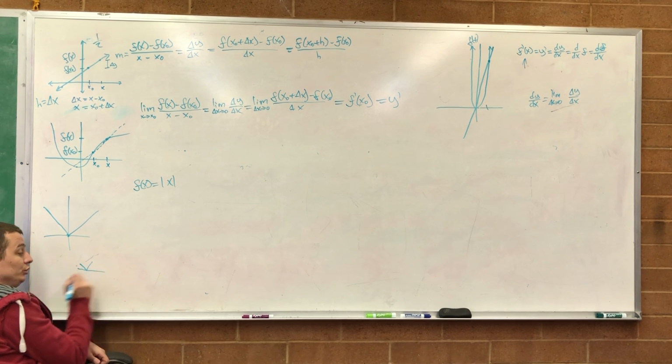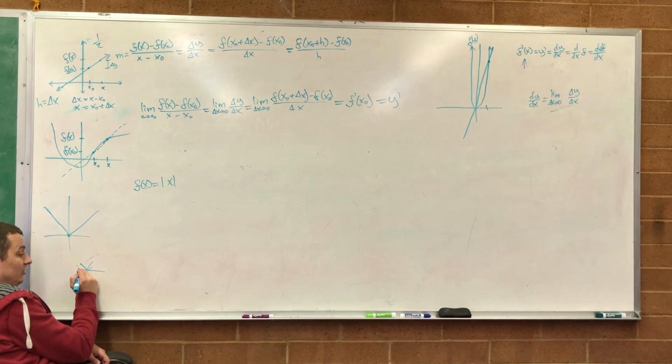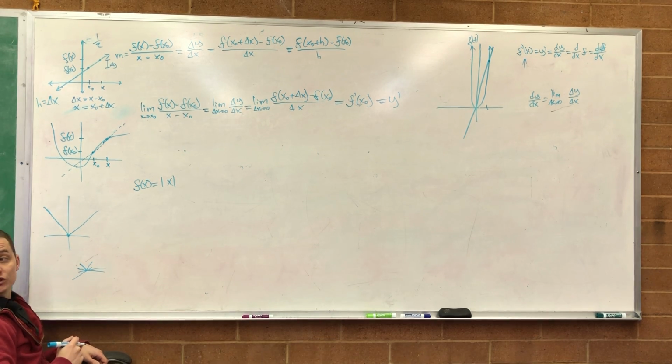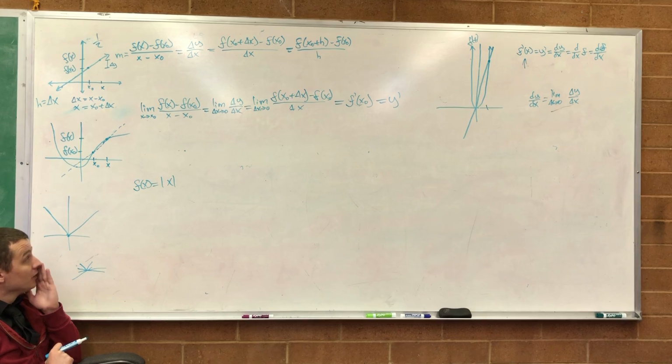Here's a tangent line that only goes through that point, and another, and another. So intuitively, sharp points shouldn't have a derivative. You can't talk about the slope at a sharp point. Okay. So intuitively, that's what we should expect, and we'll see that coming out in the math.